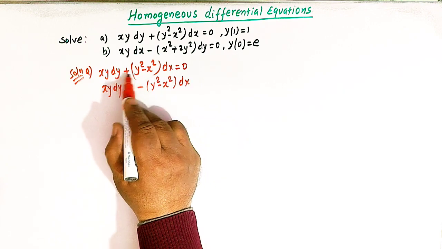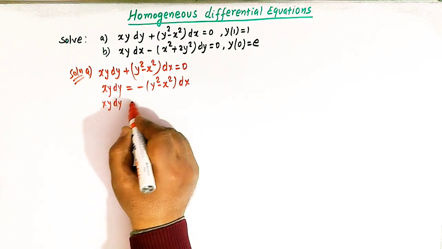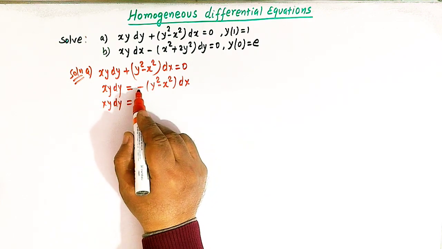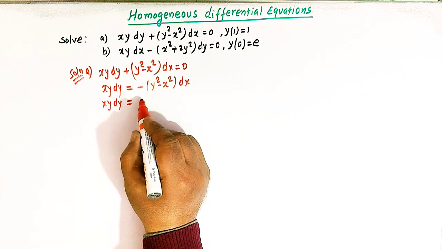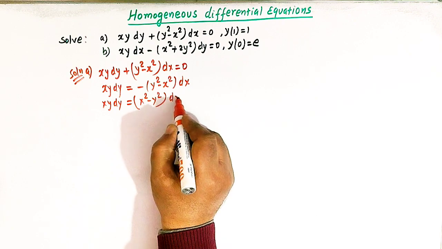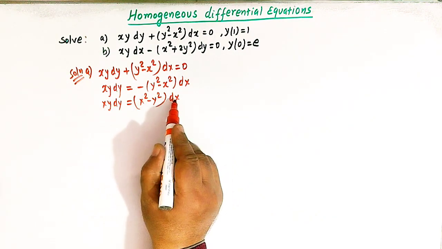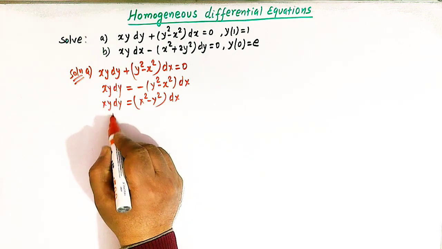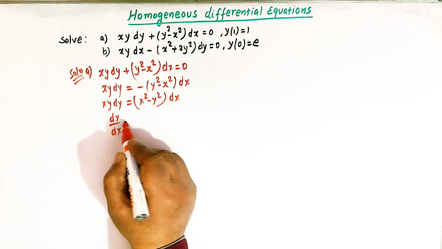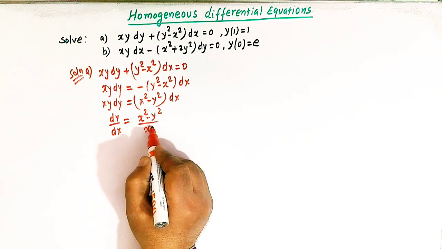Taking this term to the right hand side, we can now reverse the two terms, so we have (x square minus y square) dx. Now let us separate the terms here. We can take dy over dx, and here we have (x square minus y square) over xy.